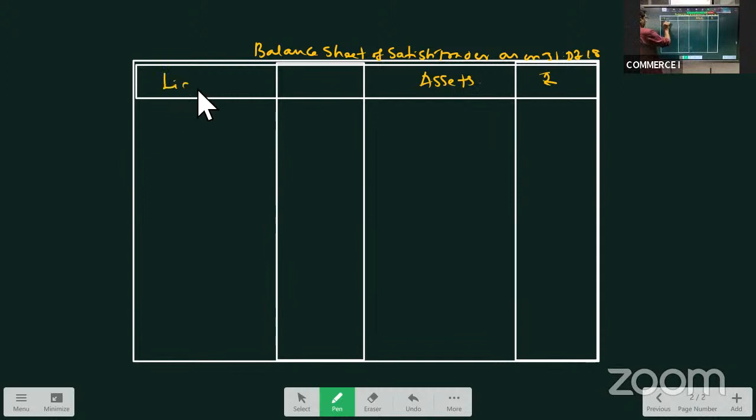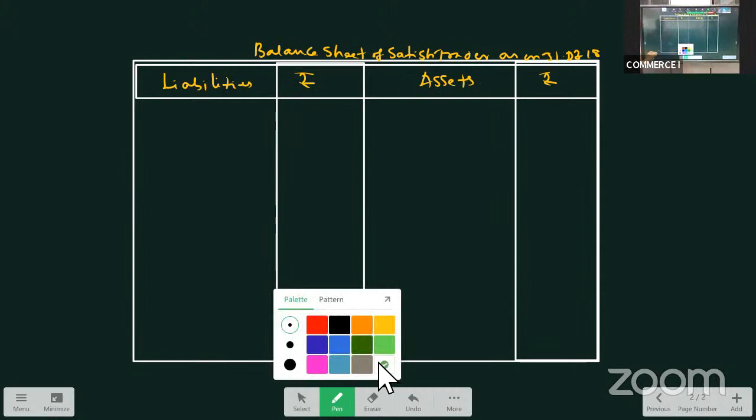This is the liability side. Balance sheet is a statement. We don't have debit and credit. Okay, it is a statement. Now go through the trial balance. While preparing the trading and P&L account, whatever items we have left will appear in the balance sheet.